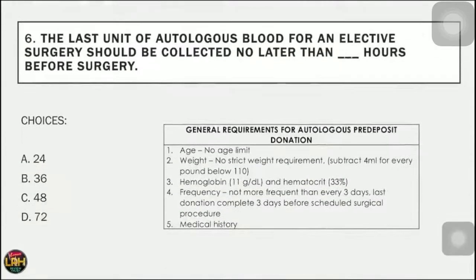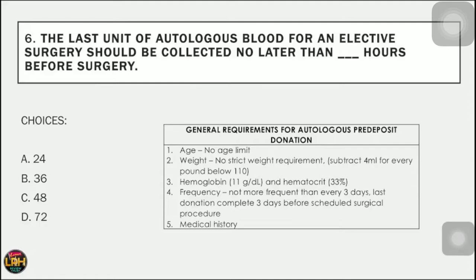donation. Okay, number 6. The last unit of autologous blood for an elective surgery should be collected no later than blank hours before surgery. For this question, let us remember that the guidelines for autologous donor suitability have been established by the AABB. But the respective facility where the patient is currently admitted should have the final say for the autologous donation.